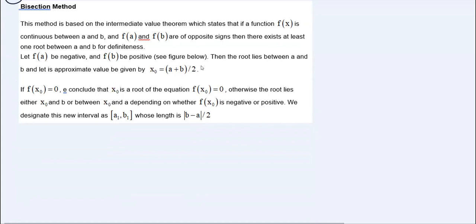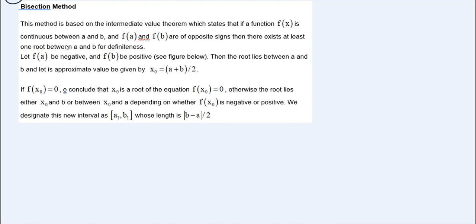Now, this method is based on the intermediate value theorem, which states that if a function f of x is continuous between a and b, and f of a and f of b are of opposite signs, then there exists at least one root between a and b.